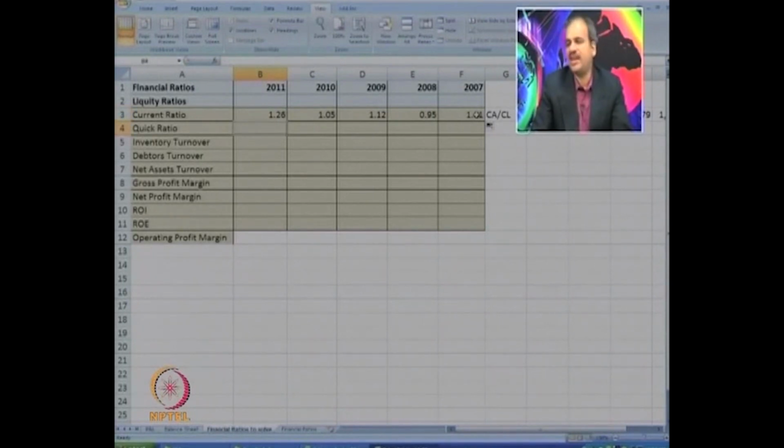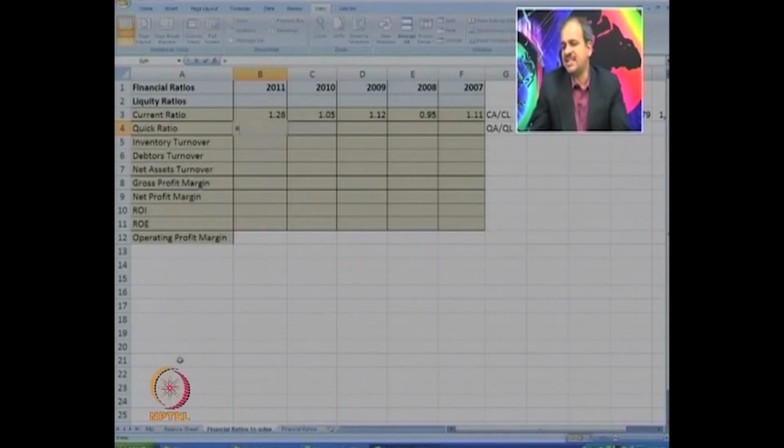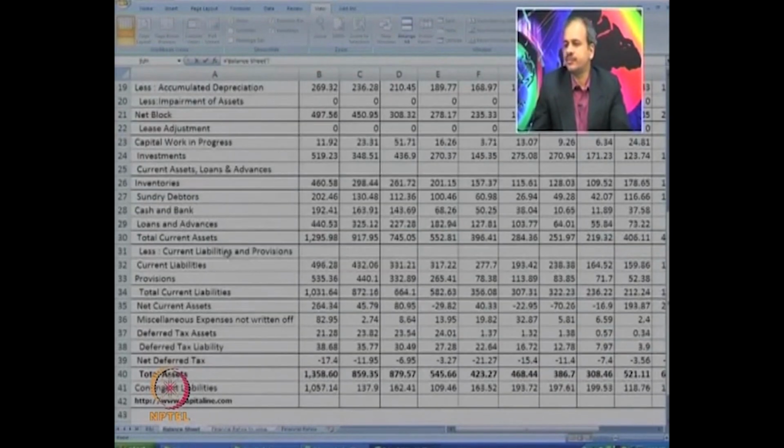Now, let us go to quick ratio. What is the formula for quick ratio? It is QA upon QL, that is quick assets upon quick liabilities. Now, let us go to the balance sheet to find out which are the quick assets. So, you look at the current assets. Will you include inventory as a quick asset?